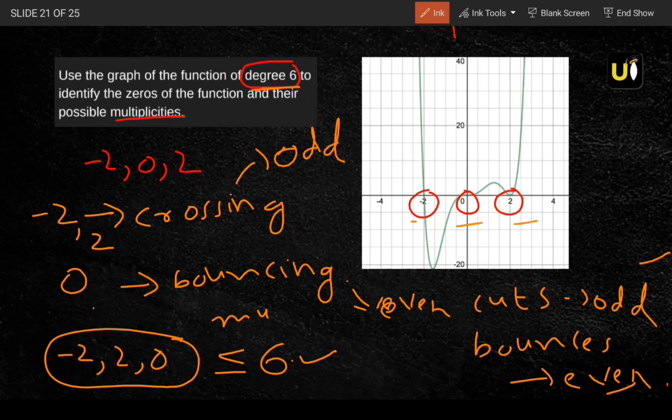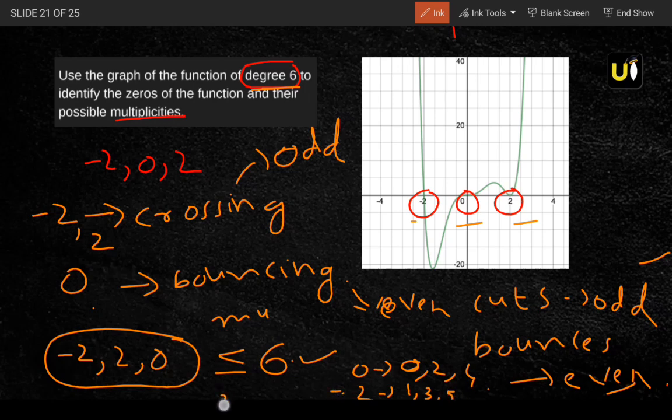Here, if you observe at -2, the graph is almost a straight line. That means the multiplicity at -2 is 1. And when you observe at 2, it is showing a cubic nature. That means that multiplicity is 3.